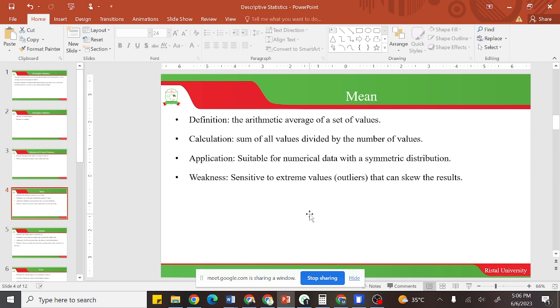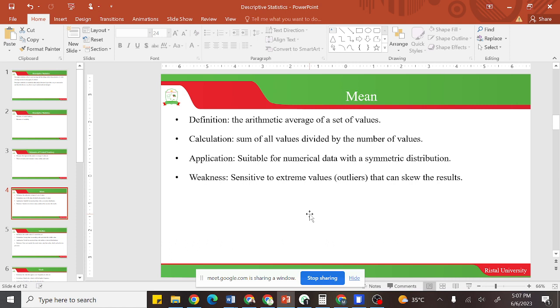You can use that as a way of summarizing data if the data set is symmetrical in distribution. What we mean by symmetrical in distribution is that the data should not be skewed, meaning that the data should tend towards what you call normal distribution, which is usually a bell-shaped curve.